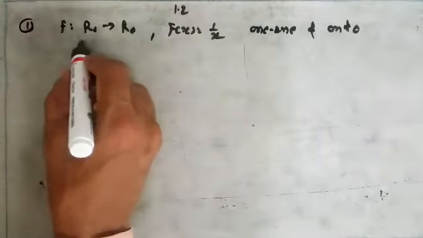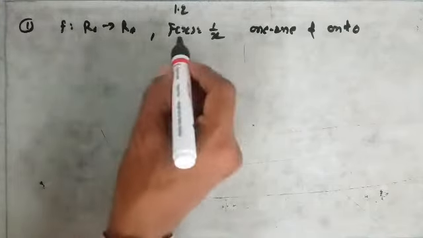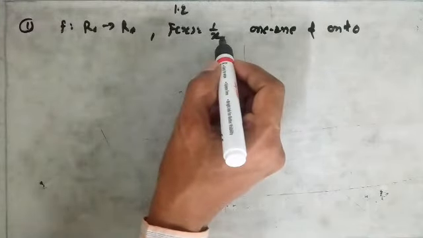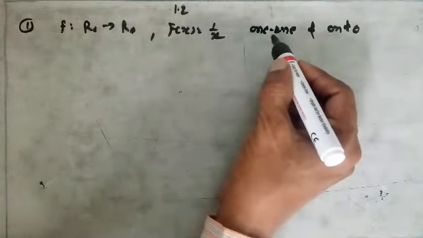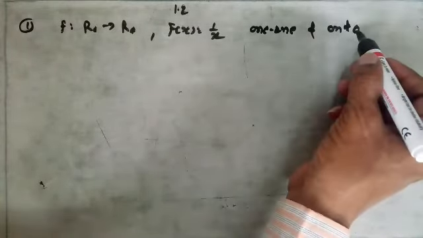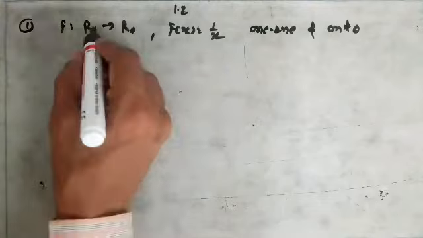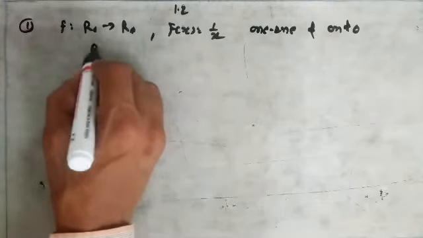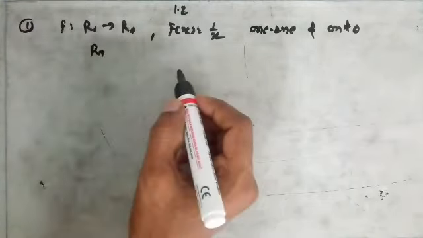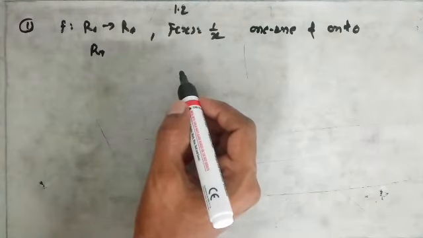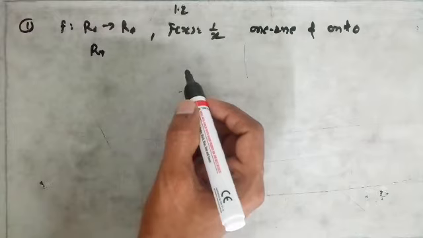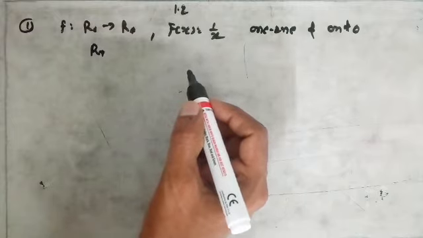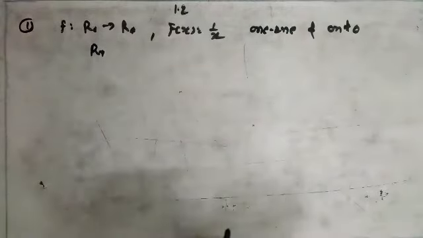That is to show that the given function R* to R*, f(x) is equal to 1 upon x, is bijective, one-one and onto. Here R* is the set of real numbers which are not 0, that is the set of all non-zero real numbers. Remember this.